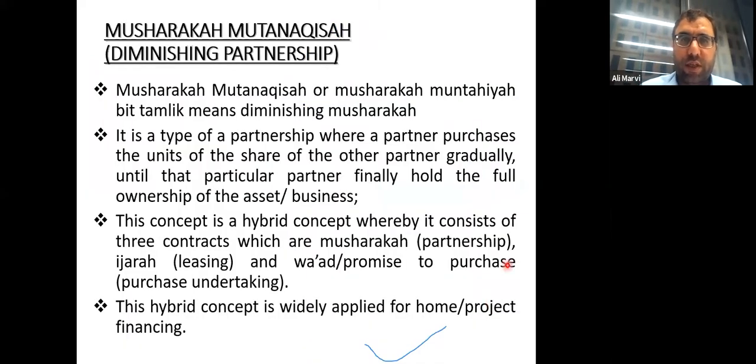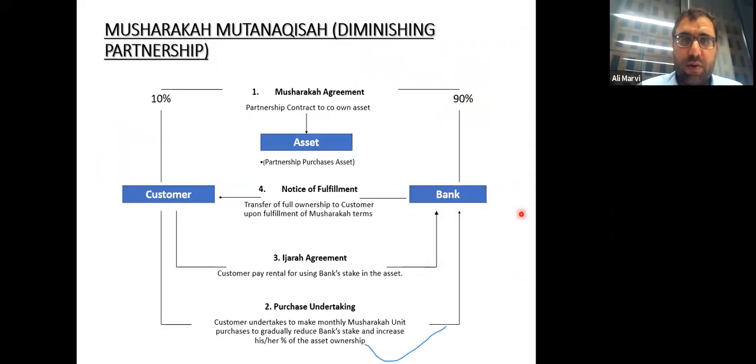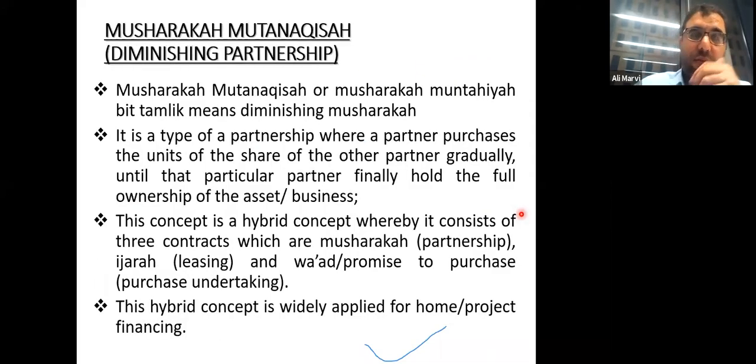And for Musharaka, we have different types. For example, Musharaka Mutanaqisa, which is diminishing partnership.